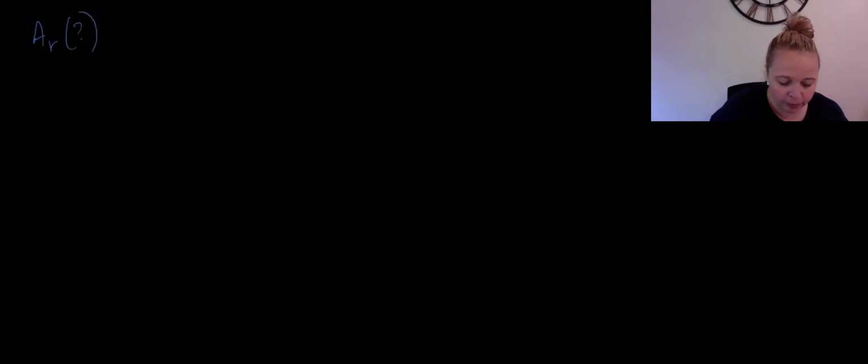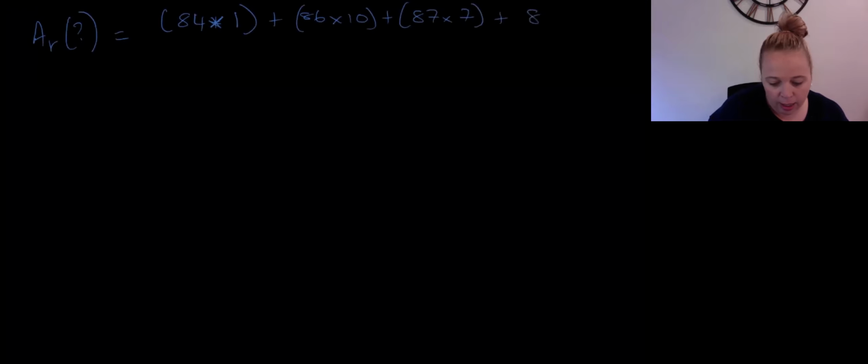Okay, so we want to know the AR of this unknown element. We're going to do 84, which was the mass of the first one, times by 1, plus 86 times by 10, plus 87 times by 7, plus 88 times by 82.